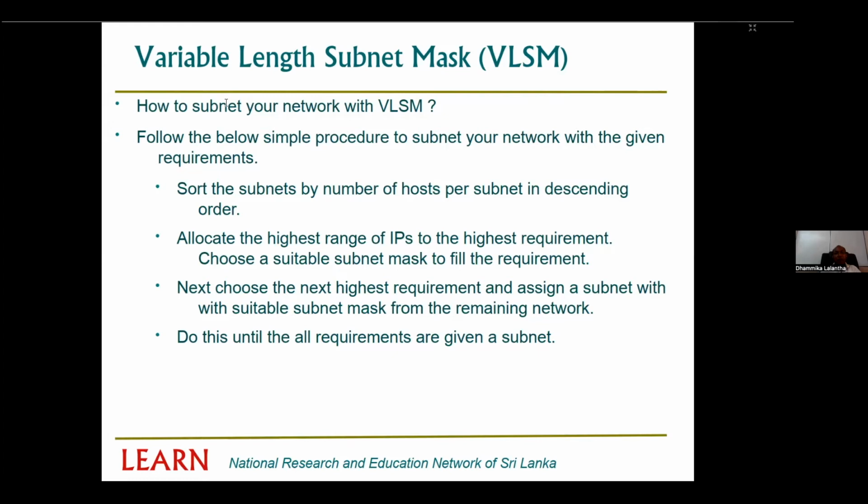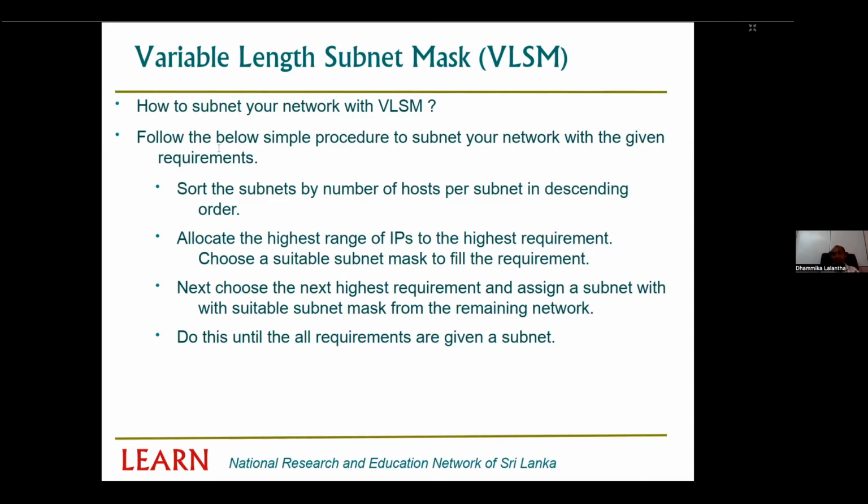Before that, I am going to tell you about some simple steps for how we can use variable length subnet masking. For VLSM, we have to follow the below simple procedure to subnet your network with the given requirements.